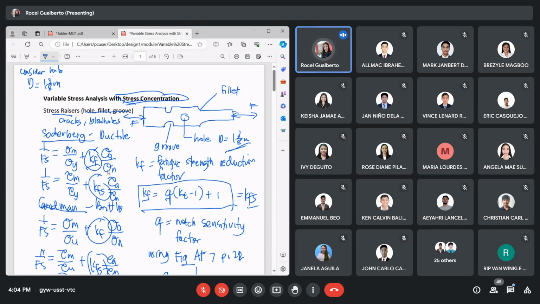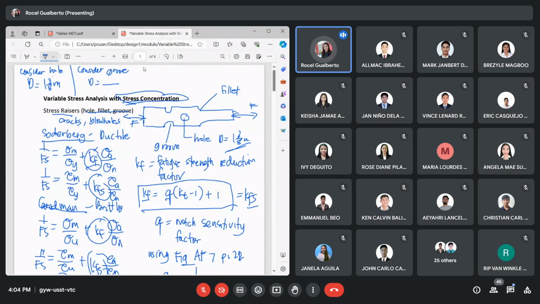Yung procedure natin, yung ginawa natin, yung ganyang kahaba, yun po yung para doon sa hole. Tapos, magsosolve ka po ulit. Consider naman po yung other stress raiser. Halimbawa, consider groove, what would be the diameter? Kung ano man nakuha mo diyan. Ganyan po ulit yung procedure mo.